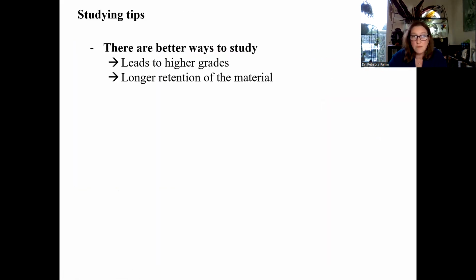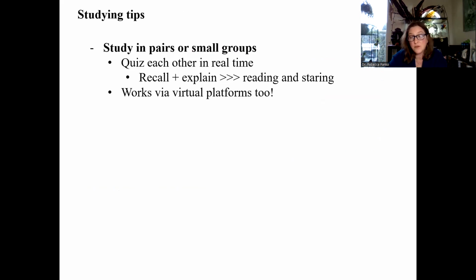All right, so what I recommend is, first of all, if you can, study in pairs or small groups. I know you're super busy. When I was in undergrad, I worked at least 30 hours a week, if not more. I was a full-time student, I did a bunch of different extracurricular activities on campus, and I had a life outside of school.